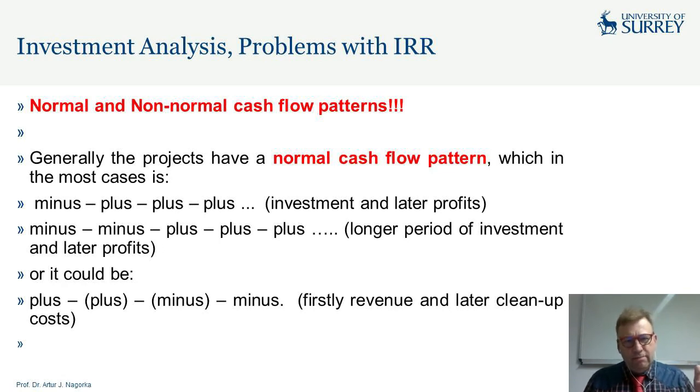Or minus, minus, and then plus, because it's a longer period of investment, and later you have profits. Or the other way around, plus, minus, where firstly you have revenue and later some cleanup cost. So these are normal cash flow patterns.